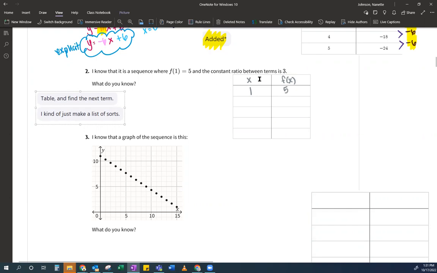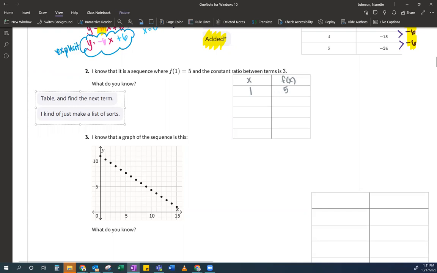What does it mean that the constant ratio between the terms is 3? What does this tell you? The constant ratio is 3. What does that mean? Yeah.